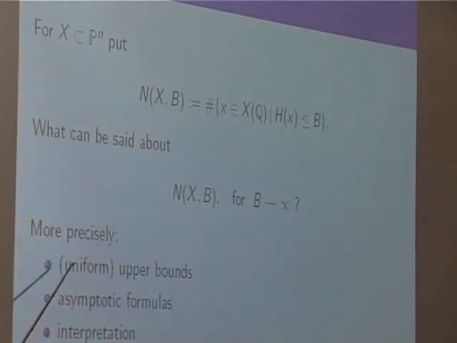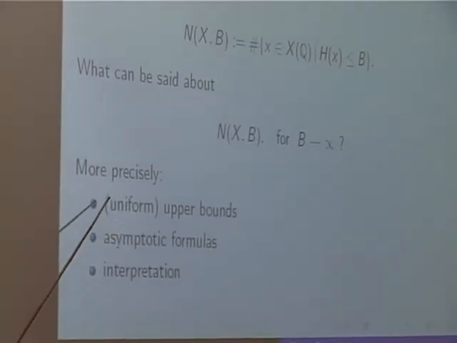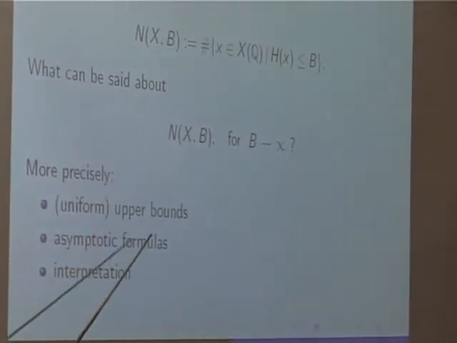That would be a question about uniform upper bounds, uniform in, say, just the degree of X, or in something else, or we could ask for asymptotic formulas. And then, of course, you want to have some geometric interpretation, because geometry is in the back of our heads all the time.